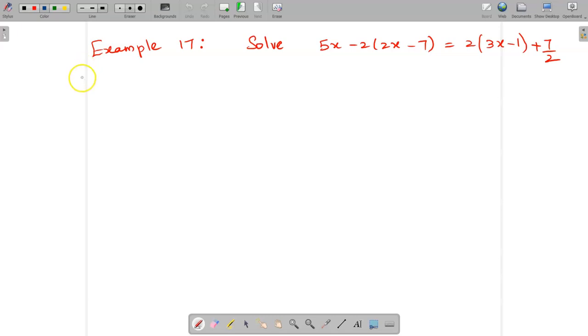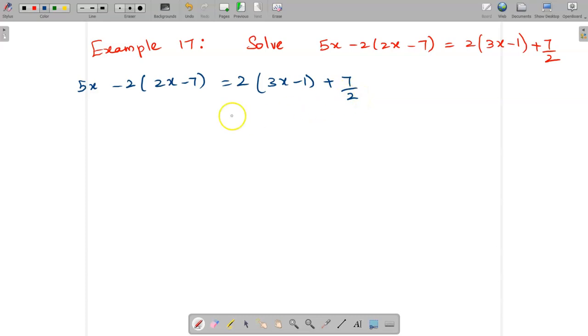Write the problem as it is first: 5x minus 2 into (2x - 7) is equal to 2 into (3x - 1) plus 7 by 2. Again, in order to simplify the problem, in the denominator I do not have any value, meaning that it is 1, and here also it is 1, here it is 2.